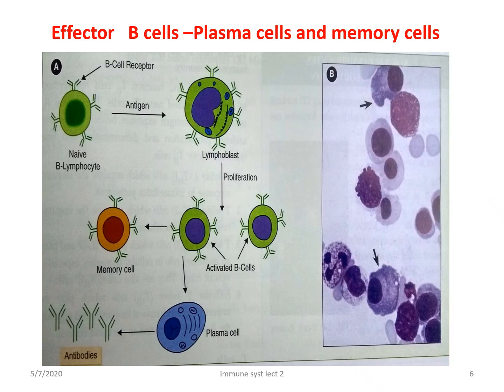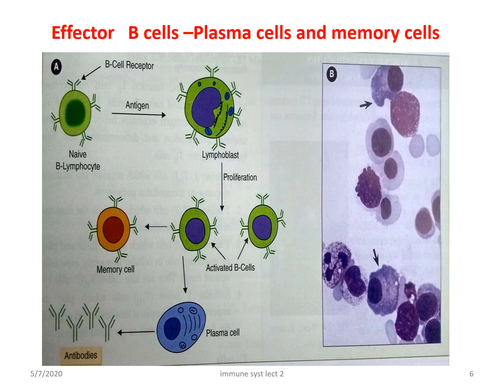Now I have already told you that the naive B cell, on binding to the antigen in the BCR, antigen binding unit, which is an antibody, undergoes activation and proliferation to become an activated B cell.